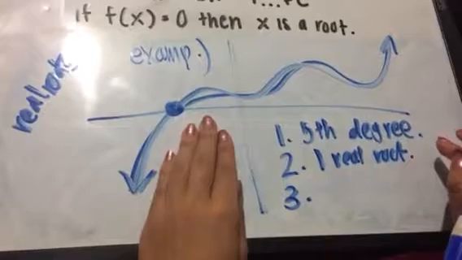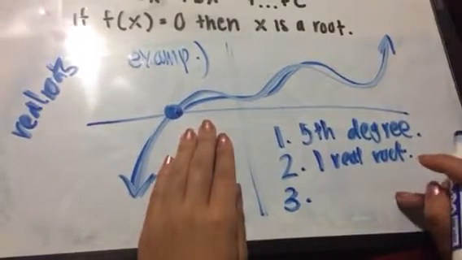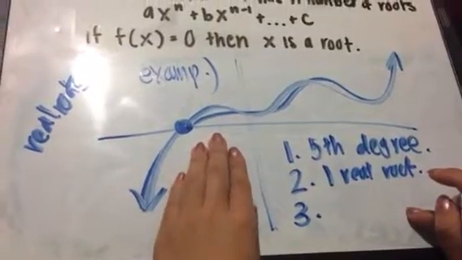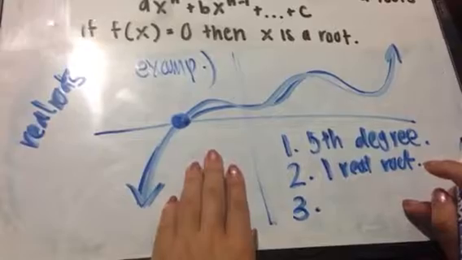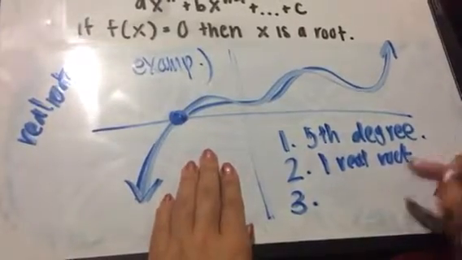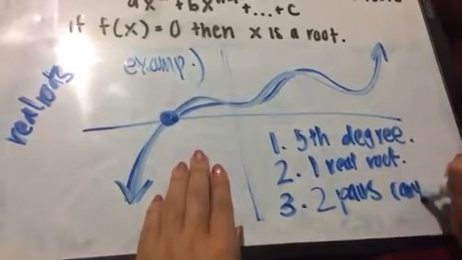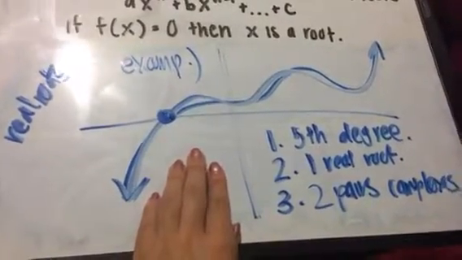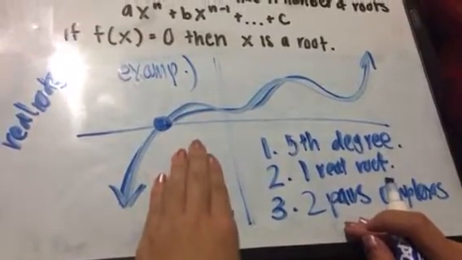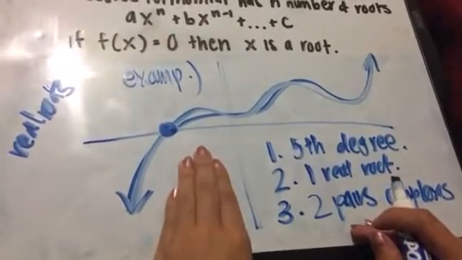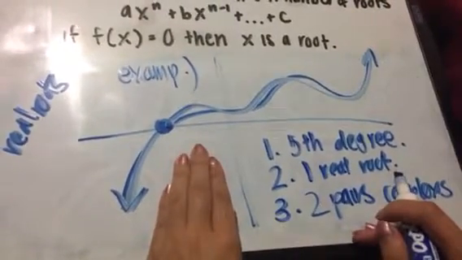So if one of them is real, 4 of them must be complex. And since complex roots come in pairs, there will be 2 pairs of complex roots, adding up to 5 total roots for this 5th degree polynomial, which fits the fundamental theorem of algebra.